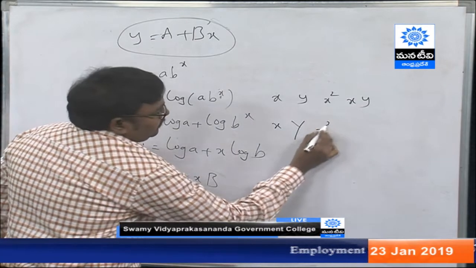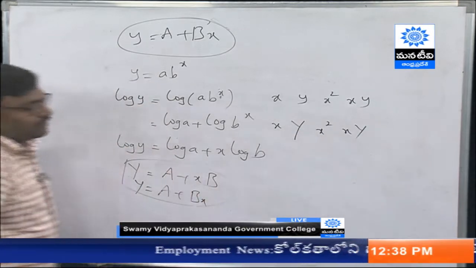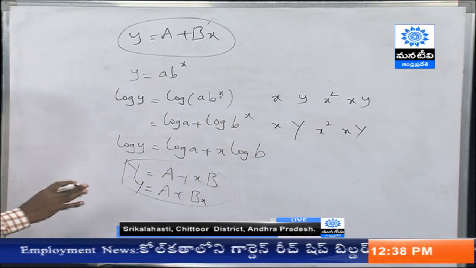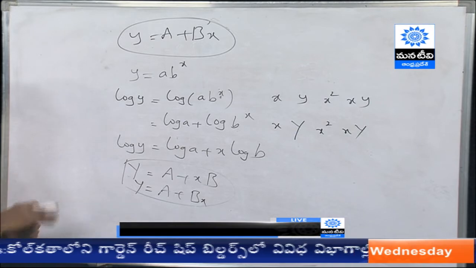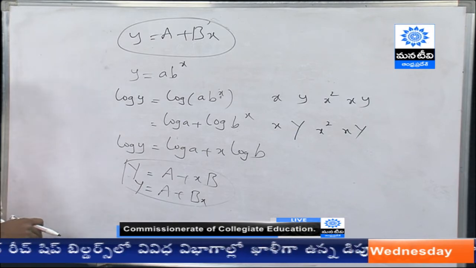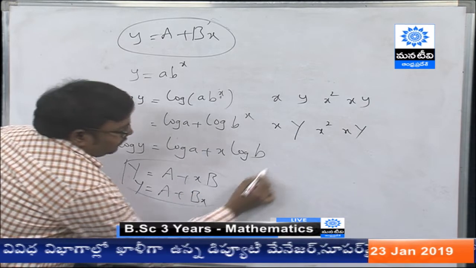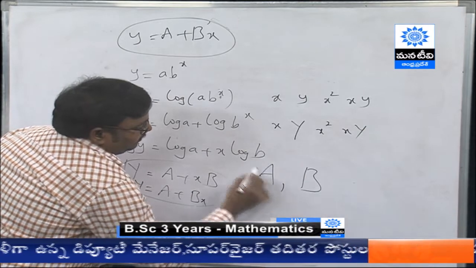Then x square and x into Y. So, on solving the normal equations, we can get the values of capital A and capital B.